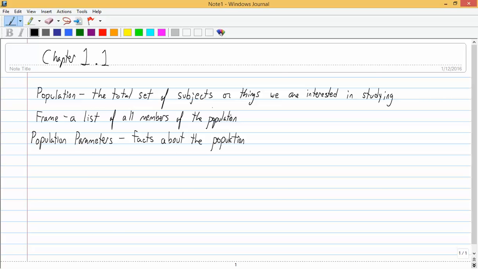So if you hear the word parameter, it's usually used with population. It's kind of like they go together, population, parameter.